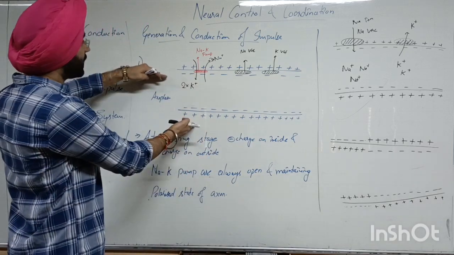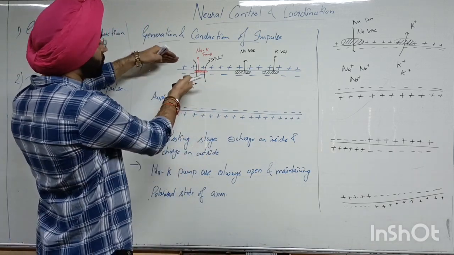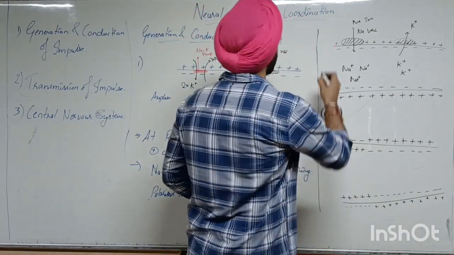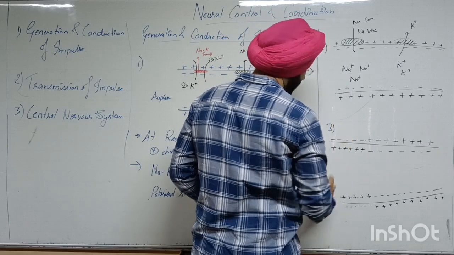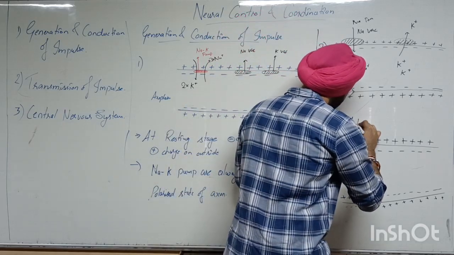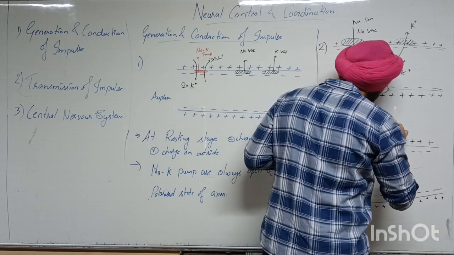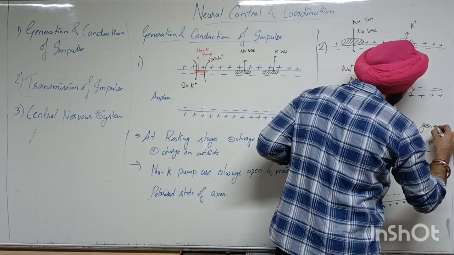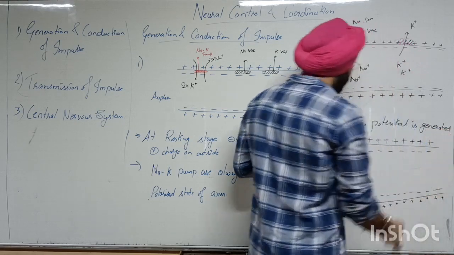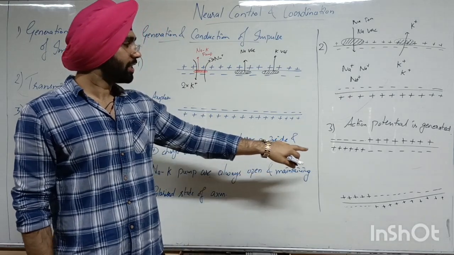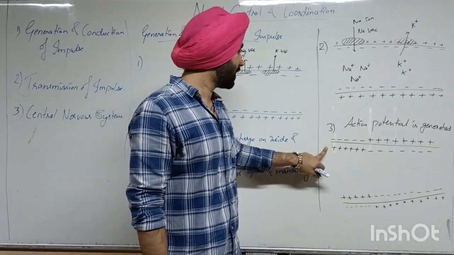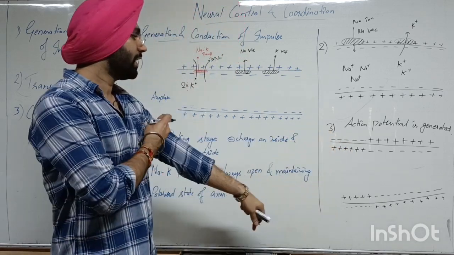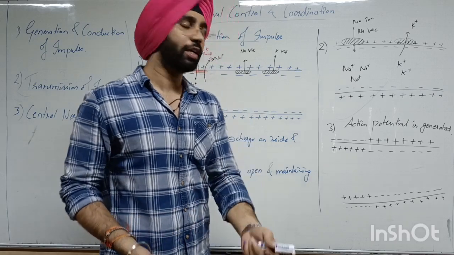At rest condition, such a potential is known as the resting potential, but now the action potential has been generated. So now this is the second one and this is the third one, and here I am writing action potential is generated. At the resting position that potential is known as the resting potential, but now this potential across the membrane is the action potential, and this condition is known as the depolarized condition of the axon.